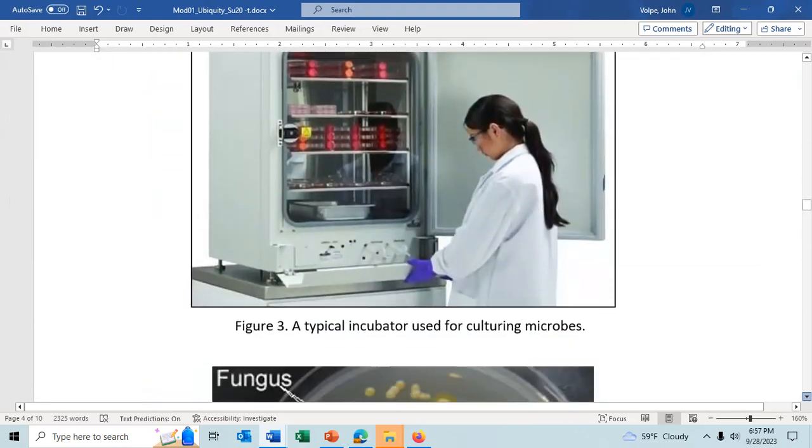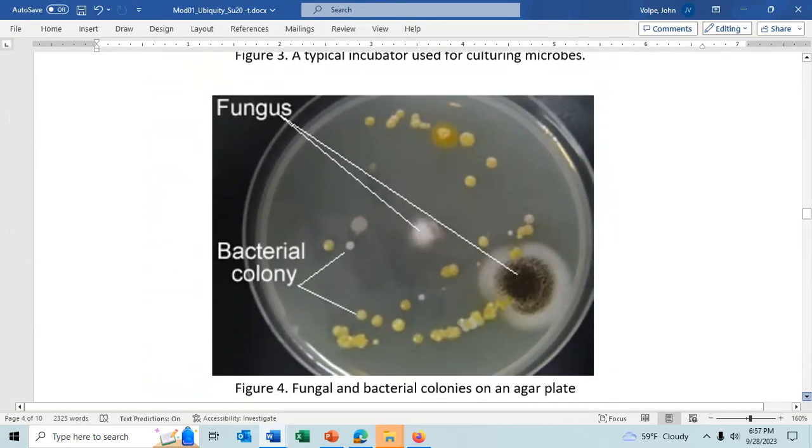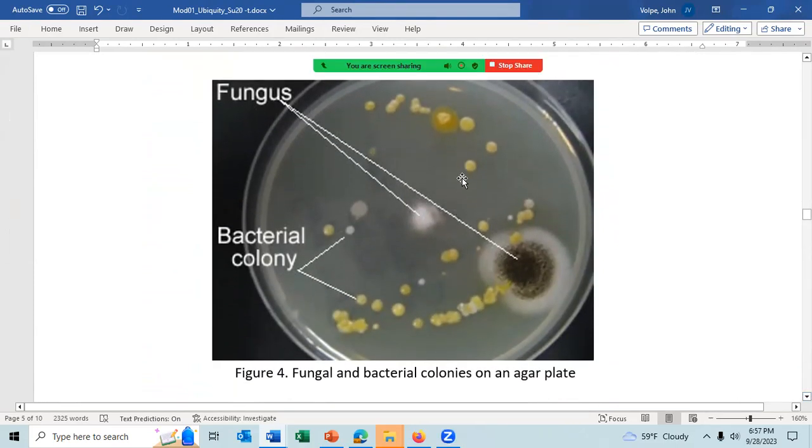But if we look at a picture here, you can notice that this is a bacterial colony, that's a bacterial colony, that's a bacterial colony, that's a bacterial colony, that's a bacterial colony, that is a fungal colony, and that's a fungal colony.